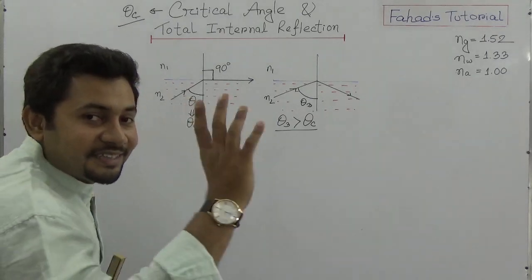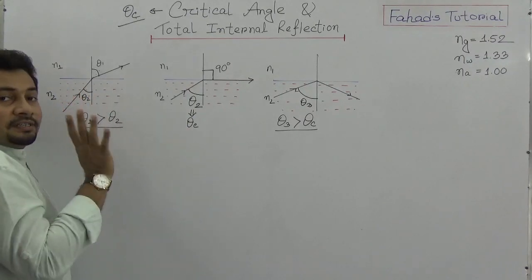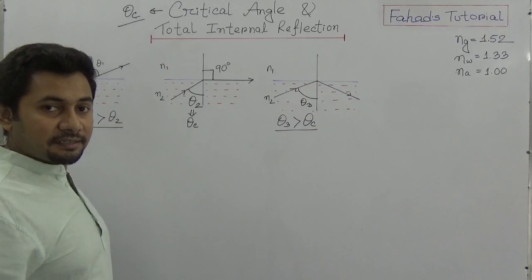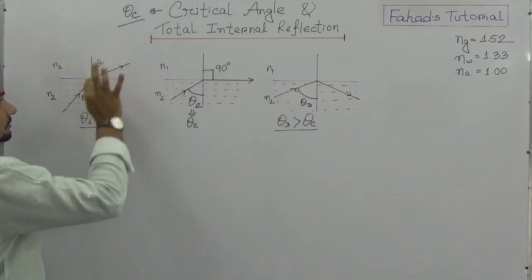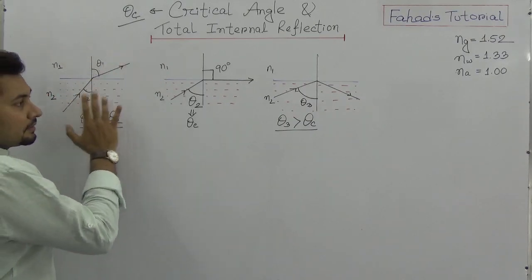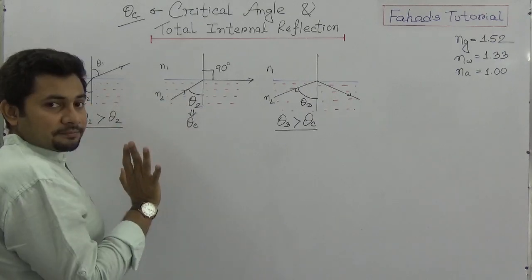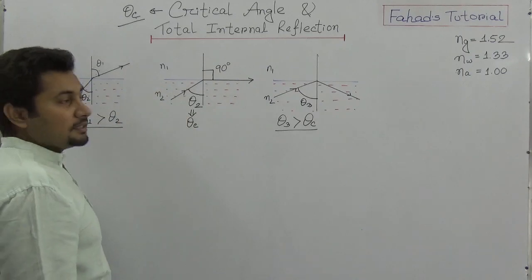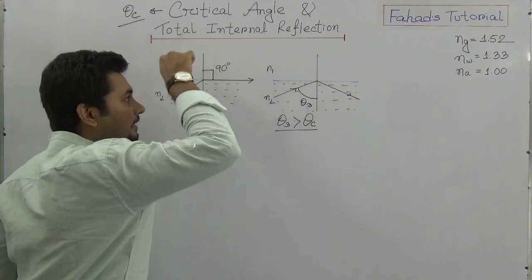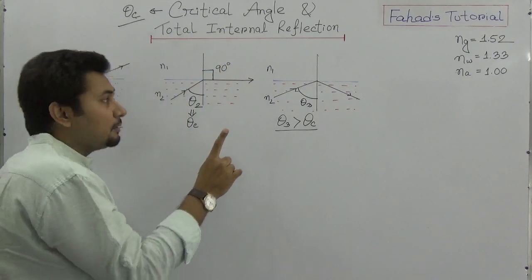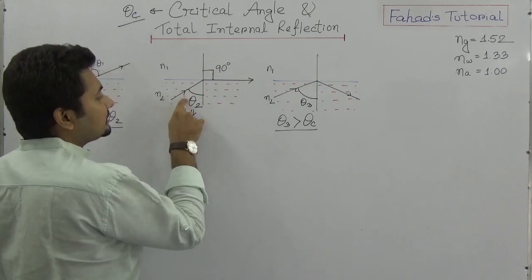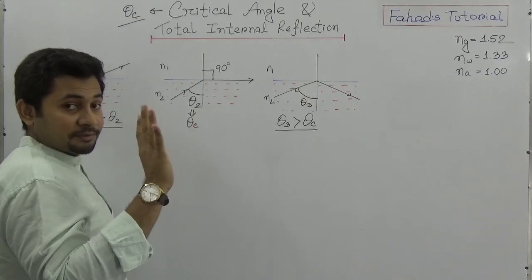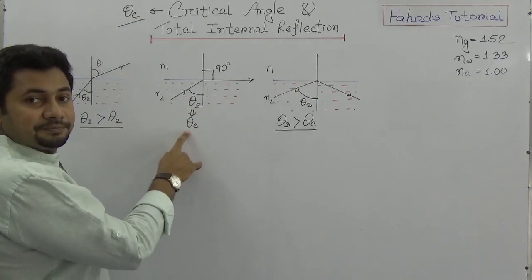Suppose this is 35 degrees and this is 55 degrees. At 35 degrees no critical angle is created, but when it is 55 degrees, the refraction angle becomes 90 degrees. So that angle of 55 degrees in the denser medium is the critical angle.